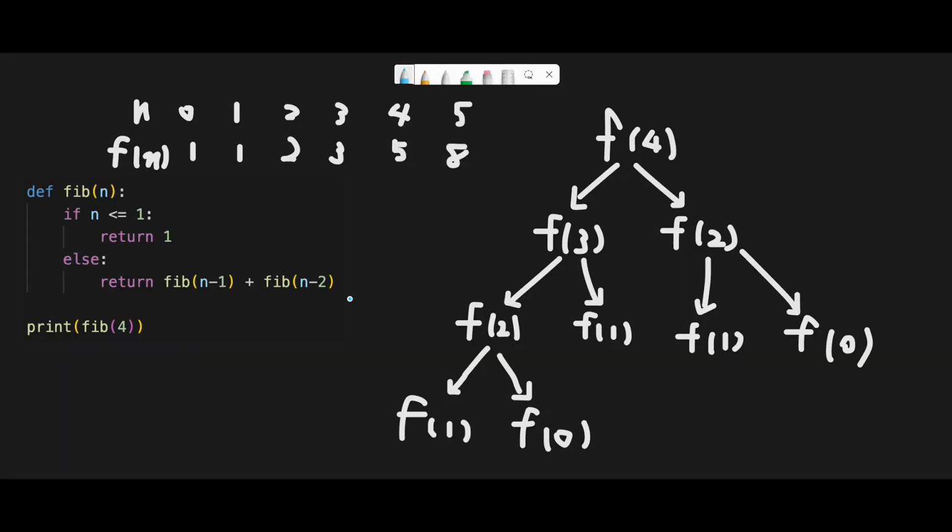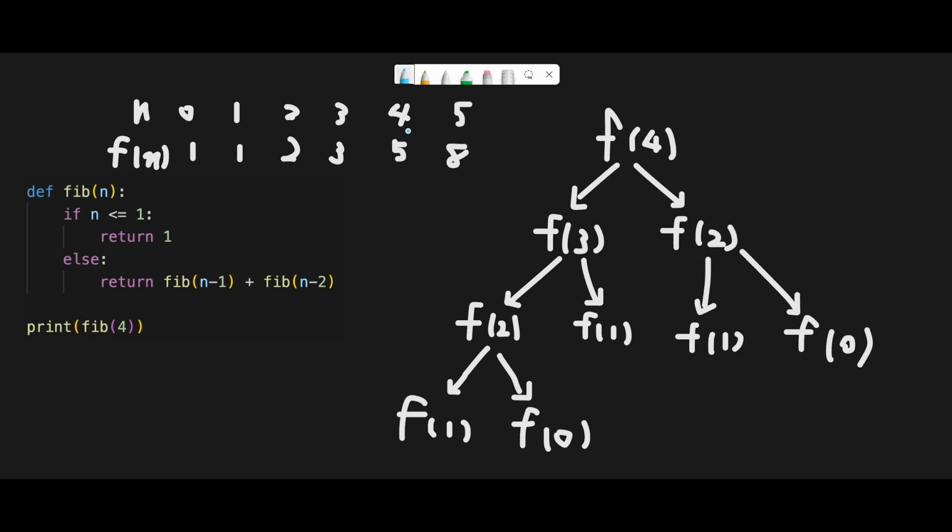Okay, so let's see dynamic programming with a real algorithm. This is a very famous algorithm, the Fibonacci number. I won't explain the Fibonacci number deeply, but a Fibonacci number is the sum of the previous two numbers. Let's say n is 4.